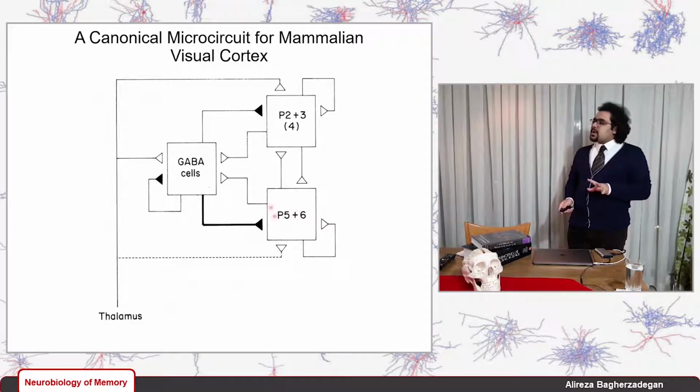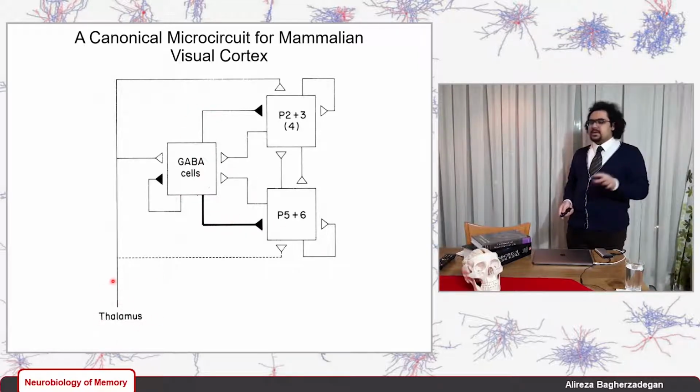They also inhibit both populations of neurons, those at superficial layers and those at deeper layers. The thickness of lines represents the strength of connection. For instance, the line from GABAergic cells to deeper layer pyramidal cells is thicker than this other line, which means that this inhibitory connection is stronger.